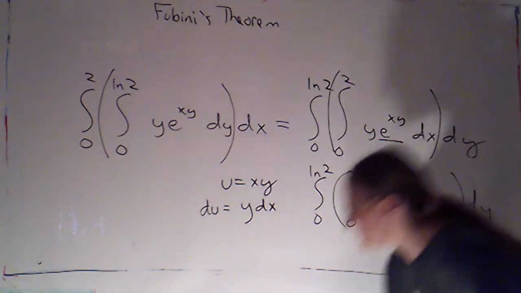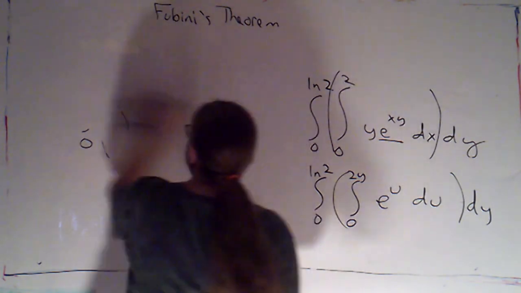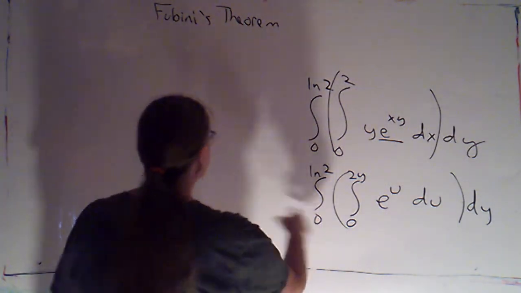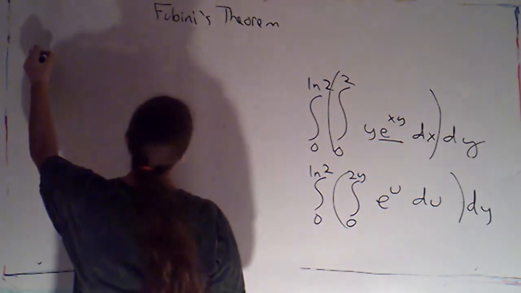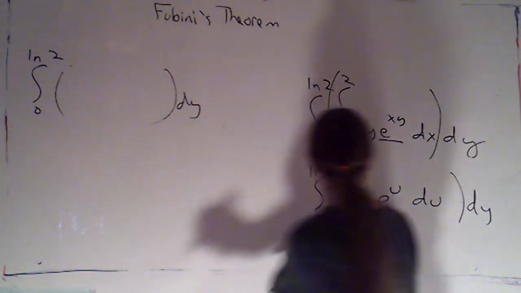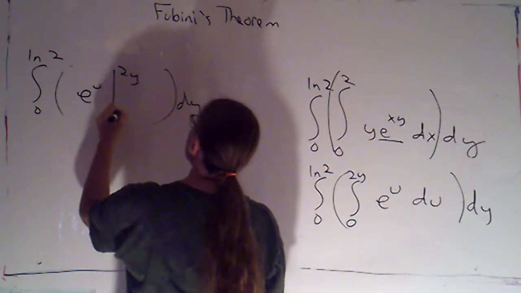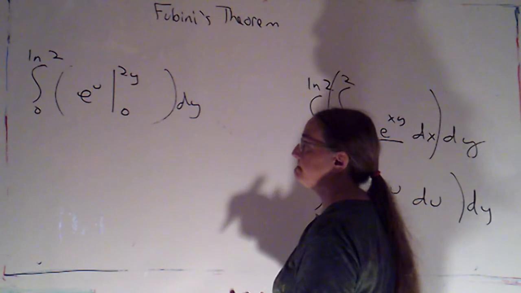Fabulous. Okay, so let's come over here to continue. So my shell is the integral from 0 to the natural log of 2 dy. Inside of that, I'm going to have e to the u evaluated between 2y and 0.